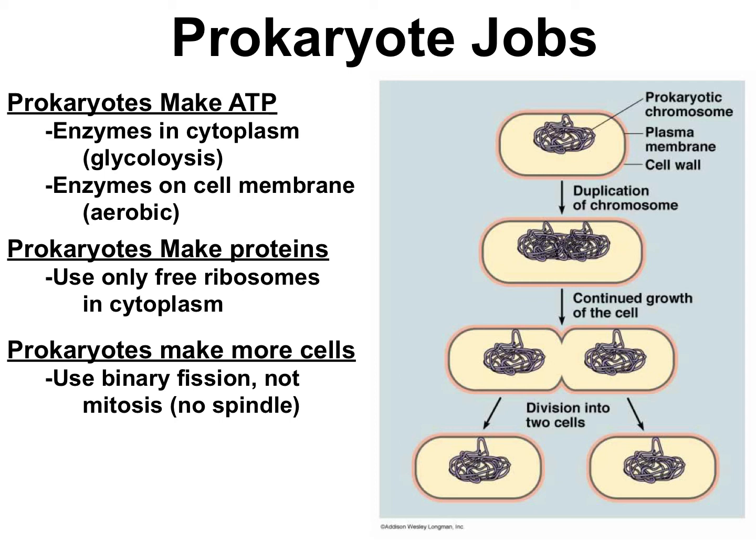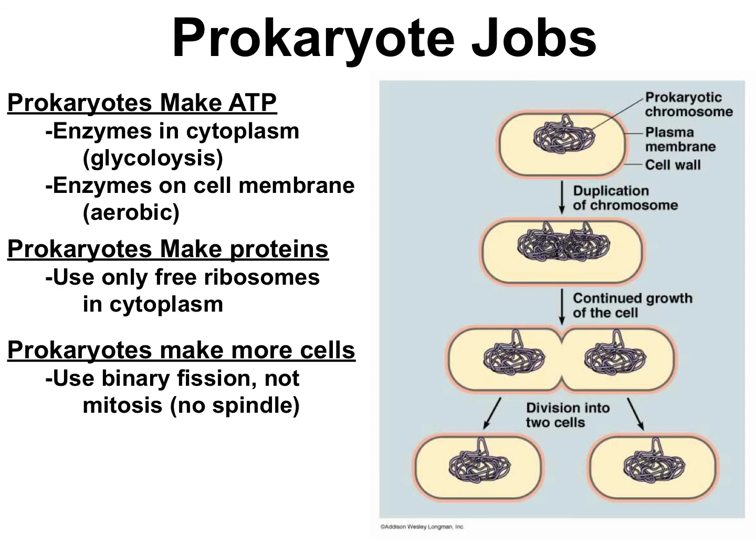And also, prokaryotes have ribosomes for translation, but all of those ribosomes are free, cytoplasmic ribosomes, because there is no ER in prokaryotes. And finally, prokaryotes make more cells, but prokaryotes divide by binary fission instead of mitosis. Binary fission is a much more simple process, but still gets the job done, as you can see over here on the right.